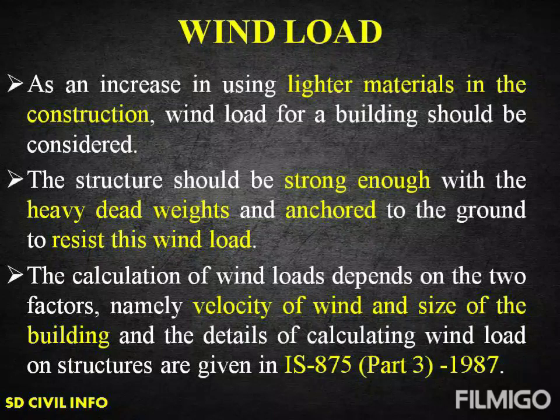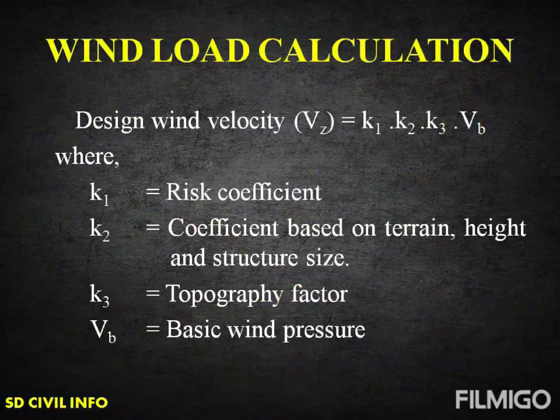And the calculation of wind load depends on two important factors. They are velocity of wind and size of the building. The details of calculating the wind loads on structures are given in IS 875 Part 3, 1987. To get the design wind velocity Vz, the following expression shall be used.